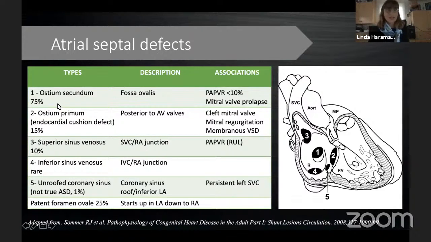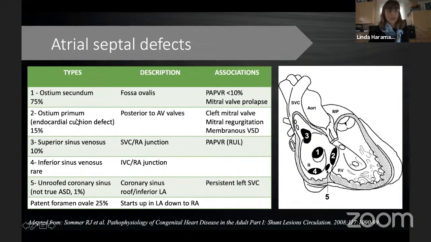The types of ASDs I'm going to be talking about, and some of the ones I might not talk too deeply about: Secundum ASD, which comprises 75%. Looking at the interatrial septum from the right atrial side, we see it here, number 1, right in the middle of the interatrial septum at the fossa ovalis. It can be associated with other anomalies, including partial anomalous pulmonary venous return and mitral valve prolapse.